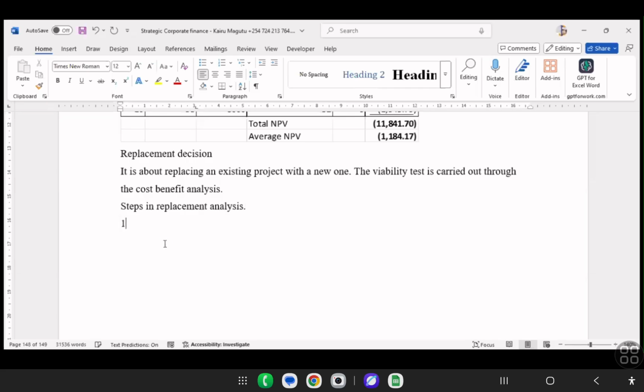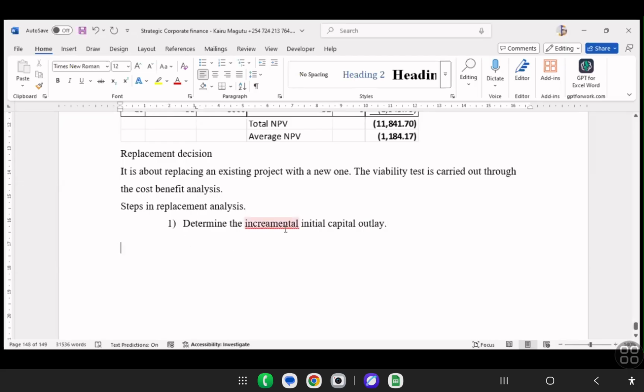Number one, we determine the incremental initial capital outlay.